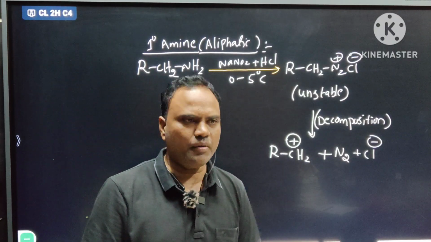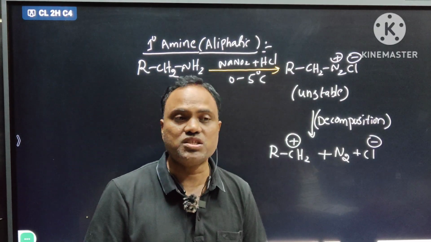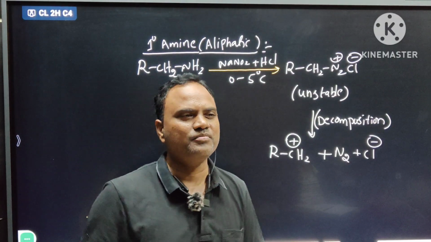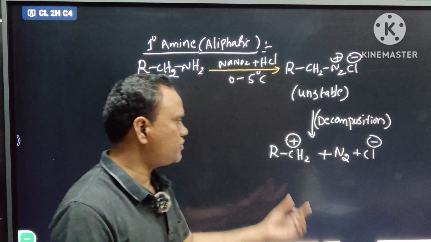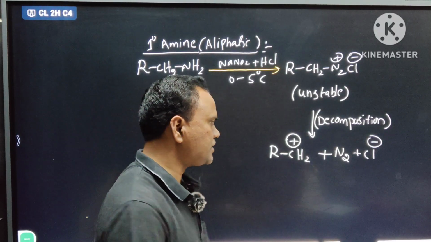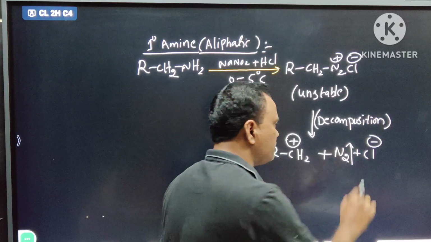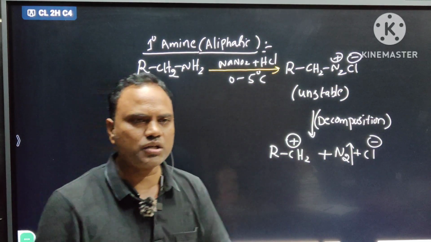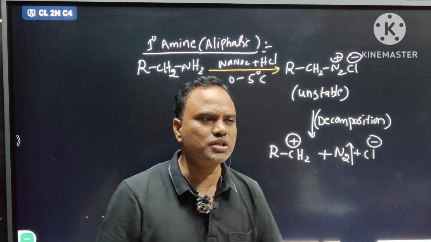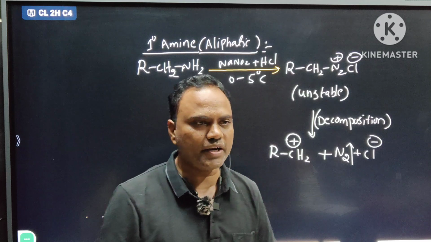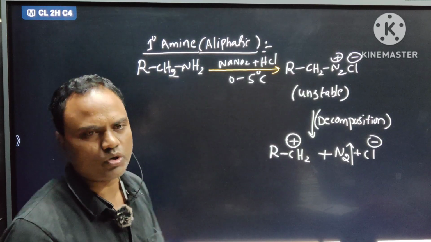Primary aliphatic amines produce unstable diazonium salt that undergo decomposition to produce carbocation and colorless gas nitrogen. Very important question. An organic compound containing nitrogen liberates colorless gas N2. Identify that organic compound. Model question.